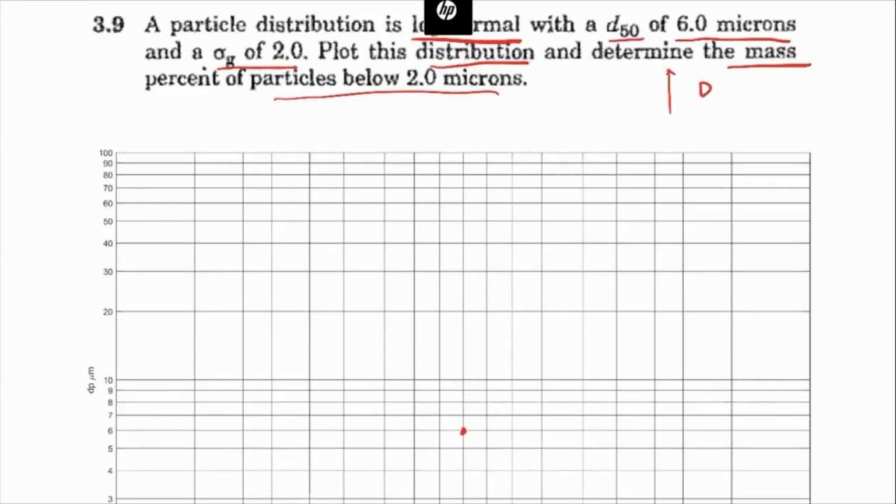We know that when dp is equal to dpg multiplied by sigma g, which is 12, the cumulative fraction is 84.1%. When dp is equal to dpg divided by sigma g, which is 3, the cumulative fraction should be 15.9%.